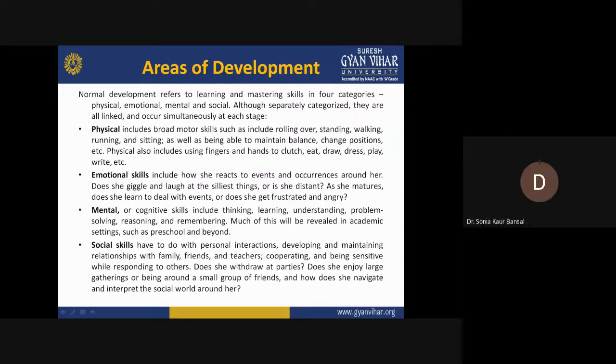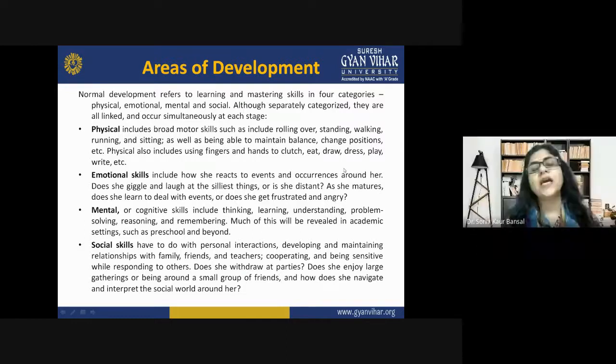So what are those various things? I'm going to explain it to you in detail. What are the areas of development? First of all, let's understand that, then we will talk about stages of development.